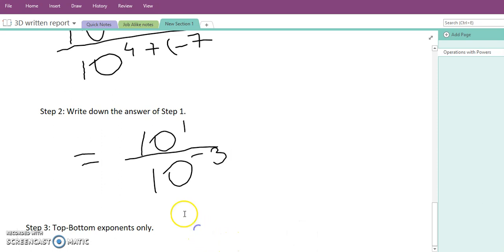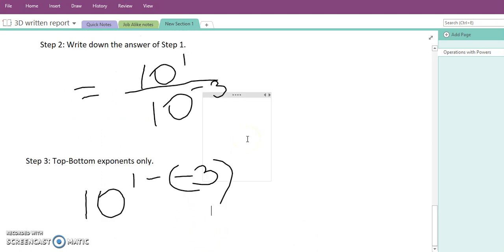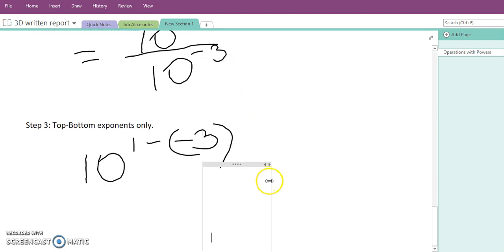It's just the exponents that change. So in this case, I end up with 10 to the 1 minus 3. Now, you have to do some operations with negative numbers to get an answer here, but minus and minus make a plus. So this is really just 1 plus 3.